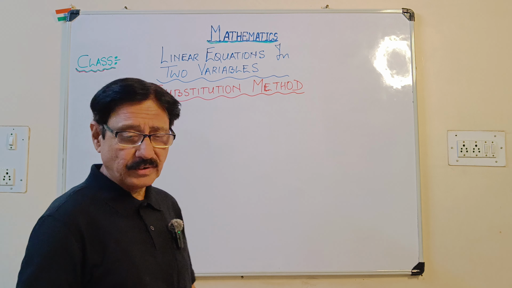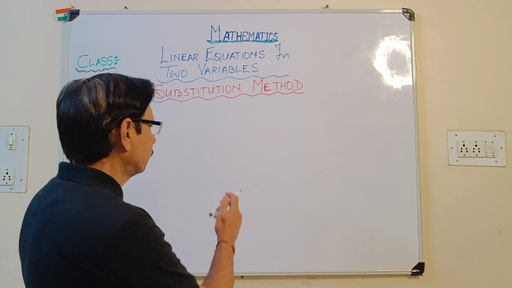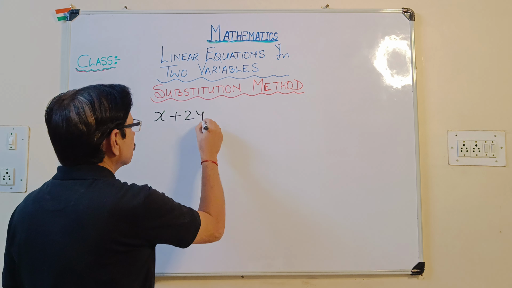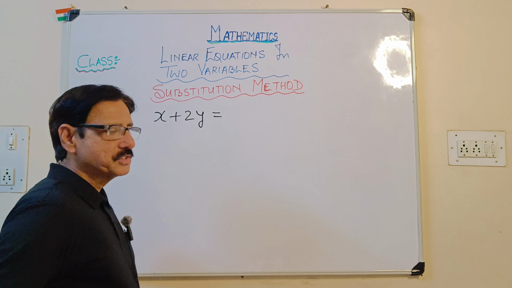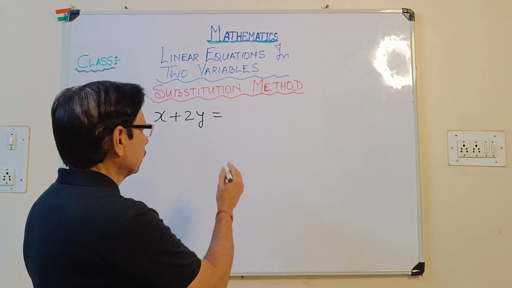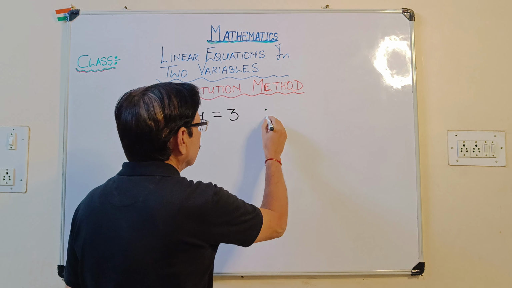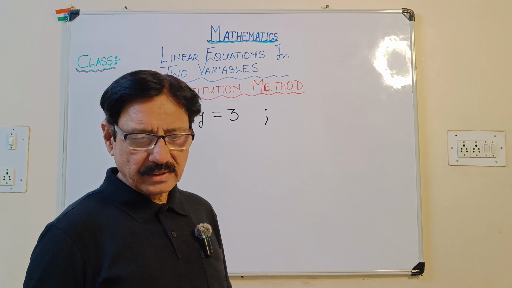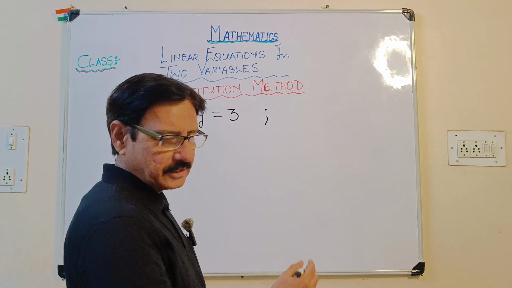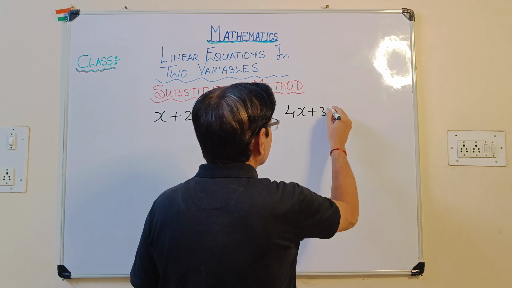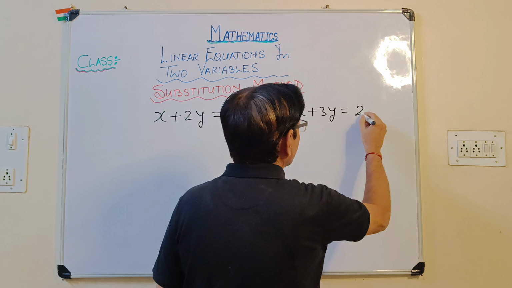I will show you with some examples how to solve using this substitution method. One pair of equations I am taking: first, x plus 2y is equal to 3, and another one, 4x plus 3y is equal to 2.